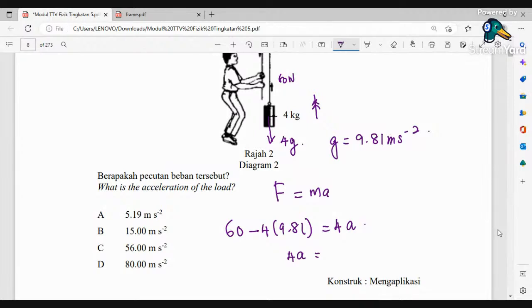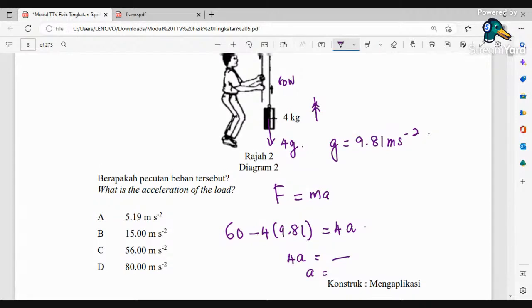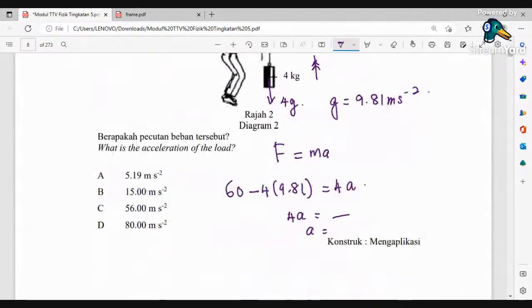The answer for this question is about 20.76, if I'm not mistaken. So this one is 5.19.